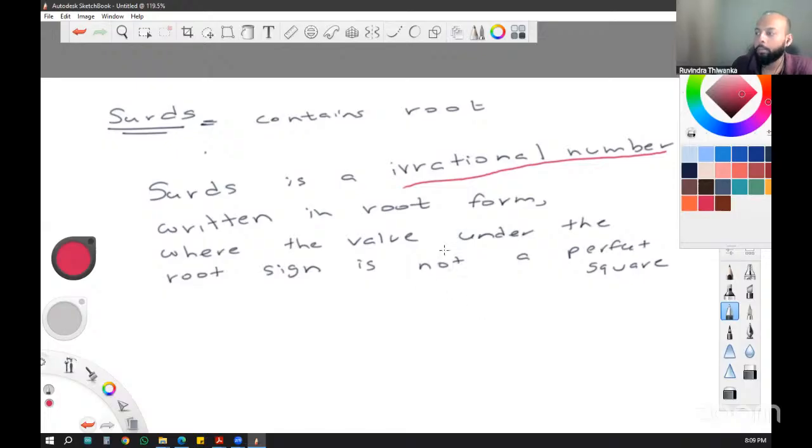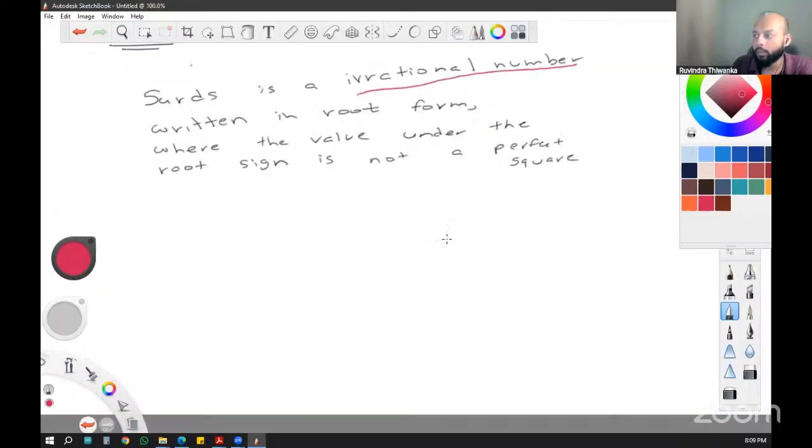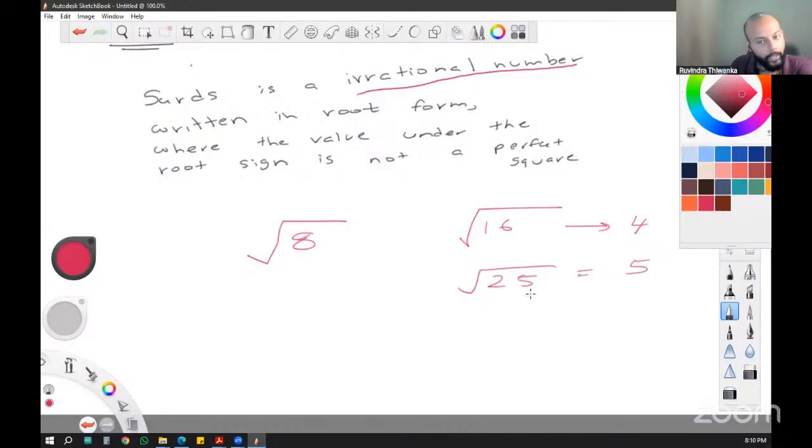So that means square root 8 is not a perfect square, but square root 16 is, the answer is 4. Square root of 25 is 5.